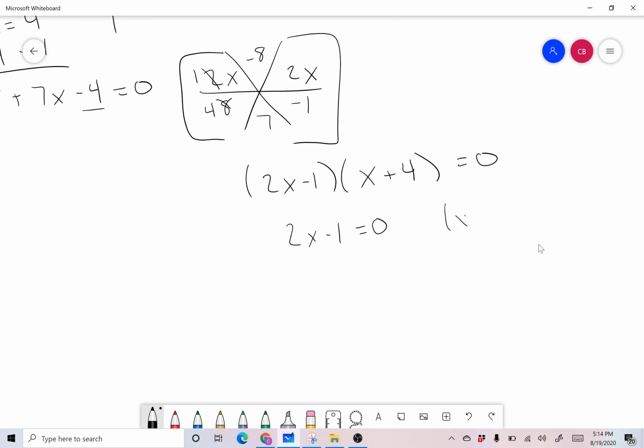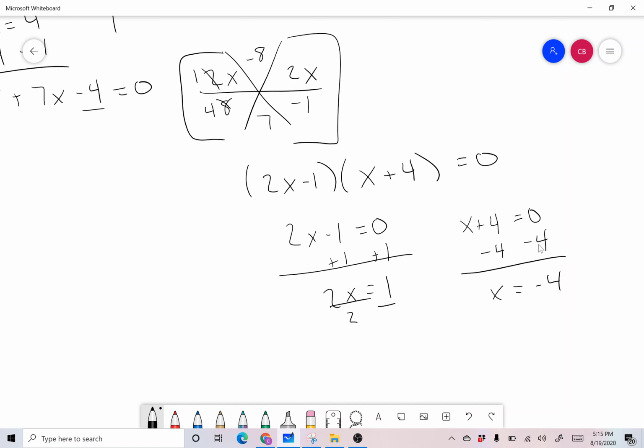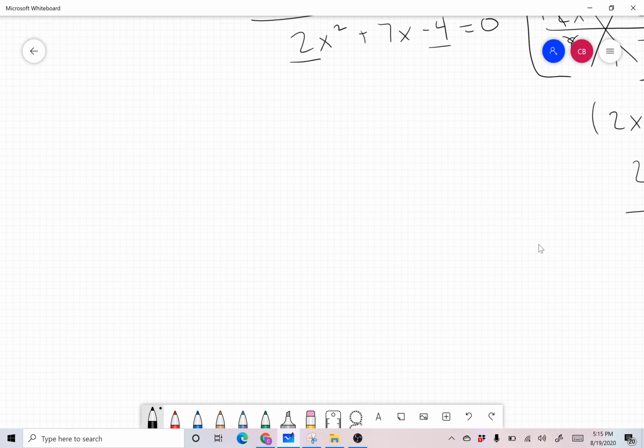So that's why we learned to do that. x plus 4 is equal to 0. For the other, we add the 1. 2x is equal to 1. Subtract the 4. x is equal to negative 4. Divide by 2. x is 1/2 or negative 4. Either answer works, and therefore either one solves the quadratic equation.